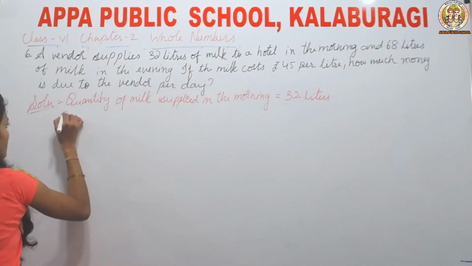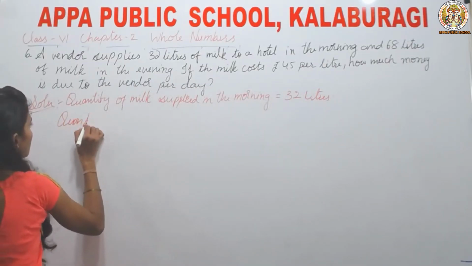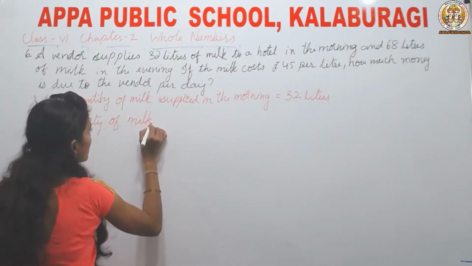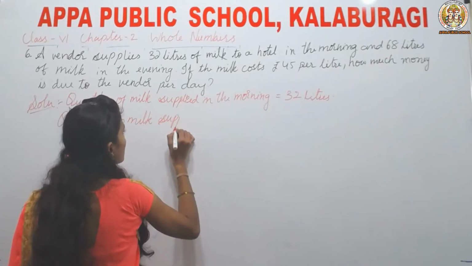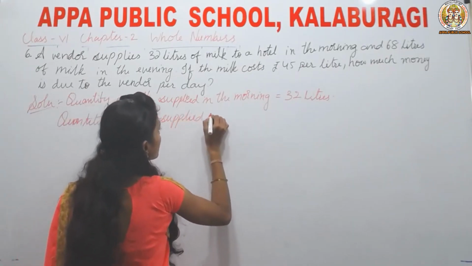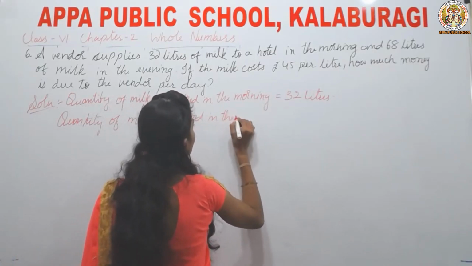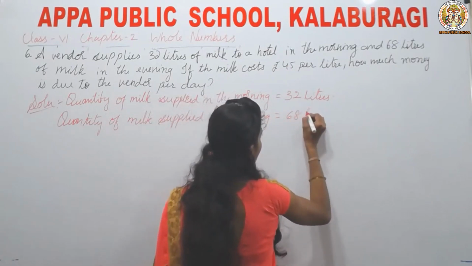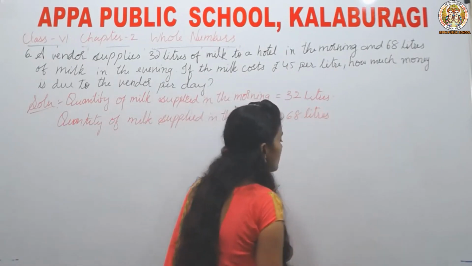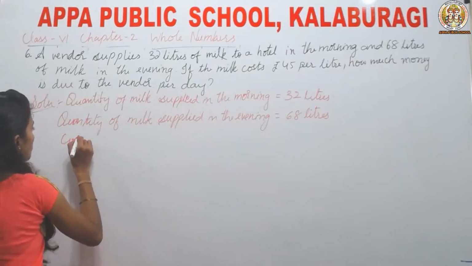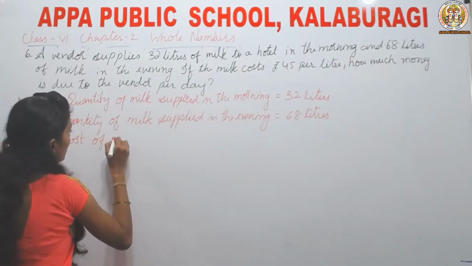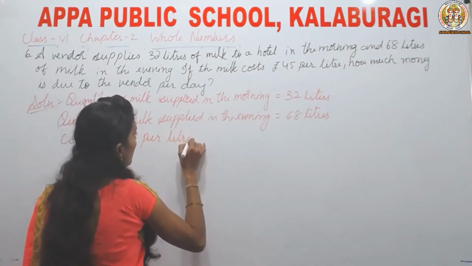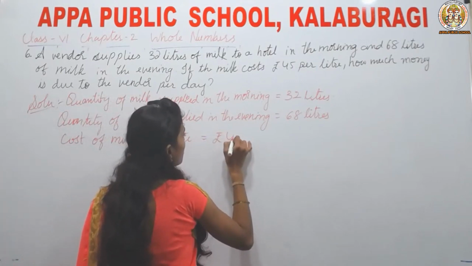Next, quantity of milk supplied in the evening is 68 liters. Then the cost of milk per liter. Cost of milk per liter is rupees 45.